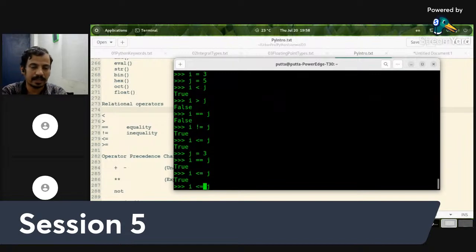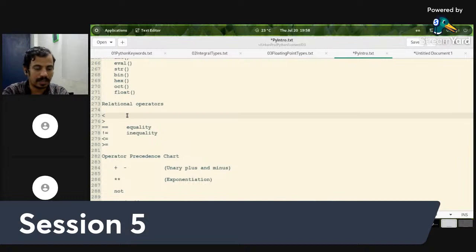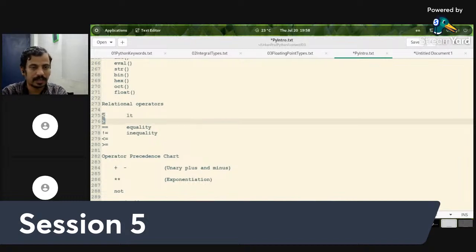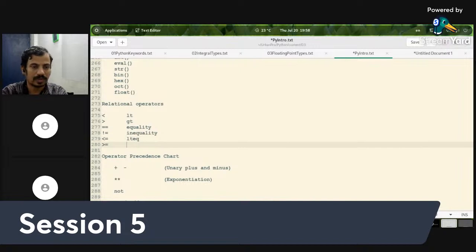i greater than or equal to j. So these are the relational operators: less than, greater than, less than or equal to, greater than or equal to.